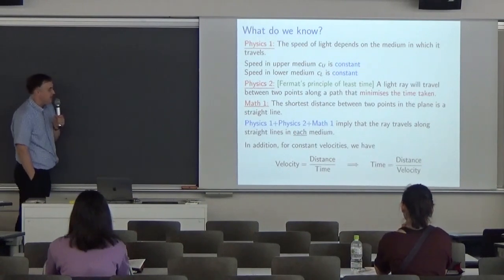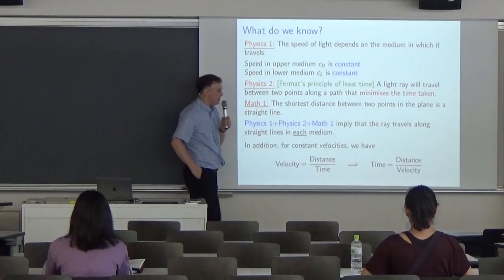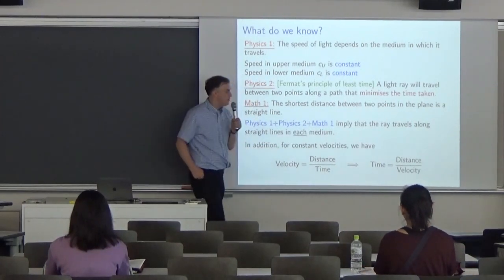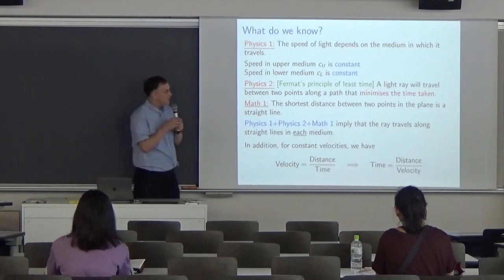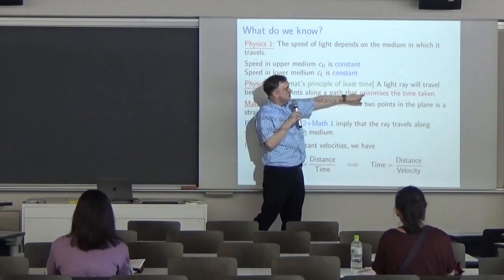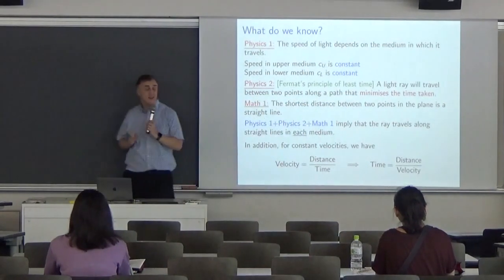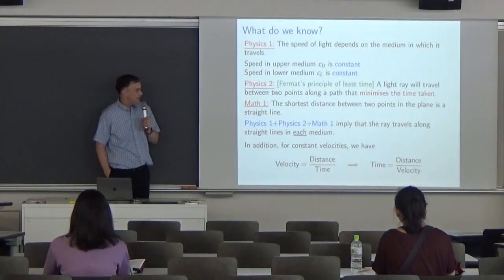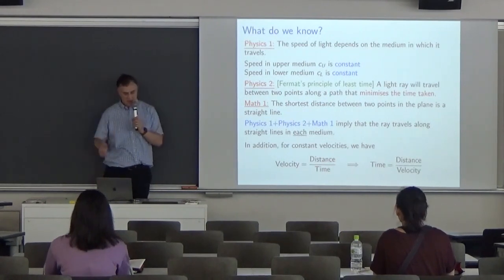In addition to this, we also have that velocity is equal to distance over time, because we're moving at constant speed. So therefore, we can define time as being distance over velocity. Right. So what we want to do is to construct now the time taken for the light ray and then minimize that value, that function. And because we know it travels in a straight line in both the upper and the lower, the calculation for that is straightforward.